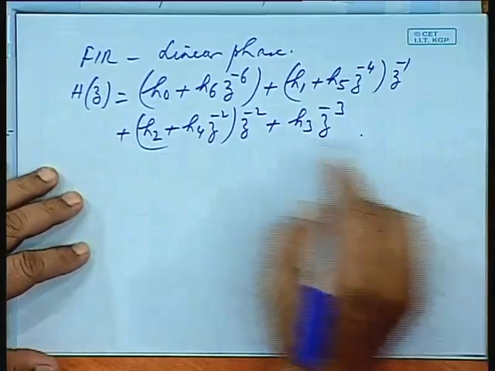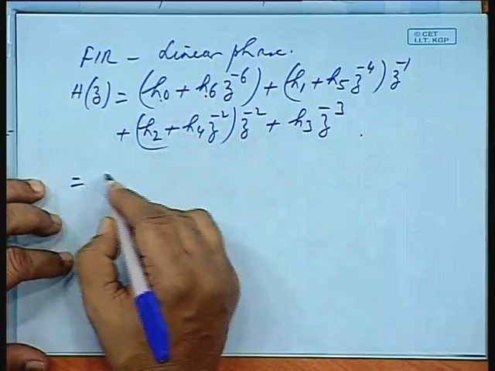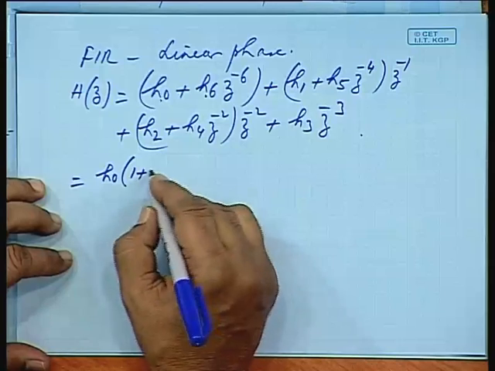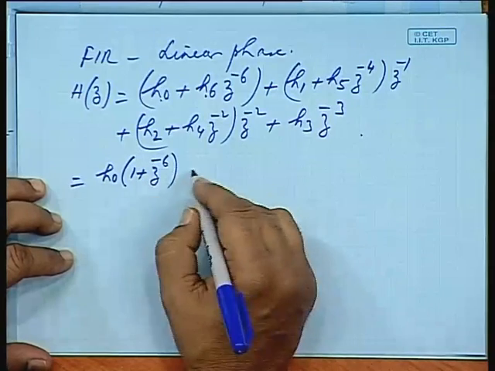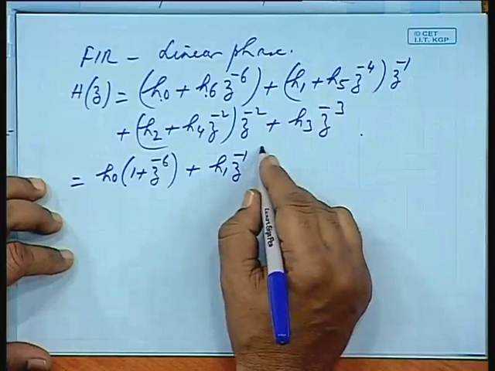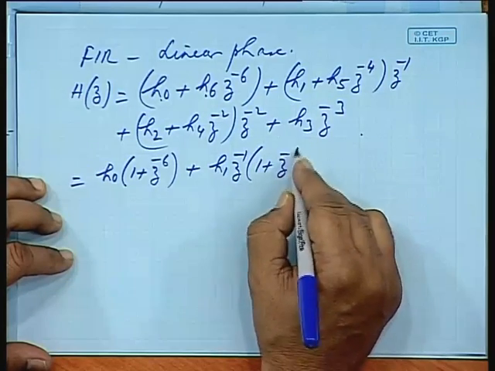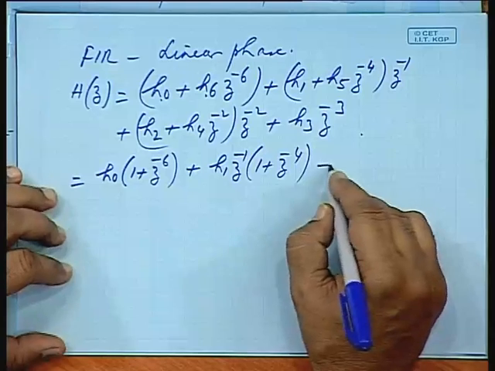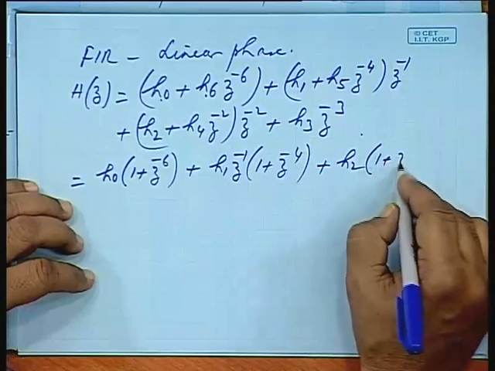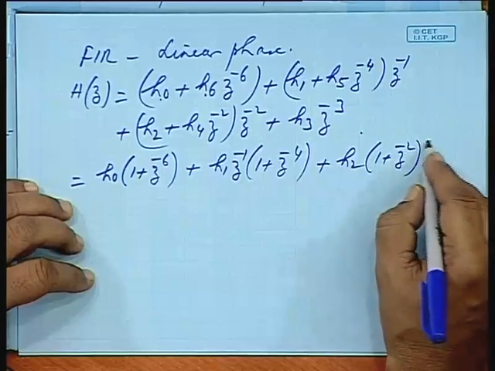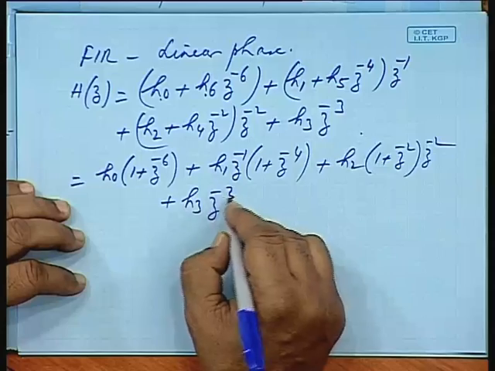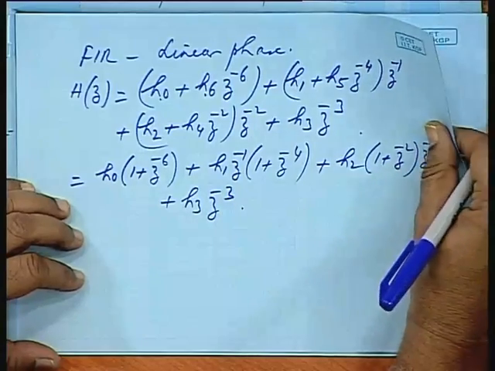I can write like this, and H6 is H0. So, it is basically H0 into 1 plus z to the power minus 6 plus H1 z to the power minus 1 into 1 plus z to the power minus 4 plus H2 into 1 plus z to the power minus 2 into z to the power minus 2 plus H3 z to the power minus 3.